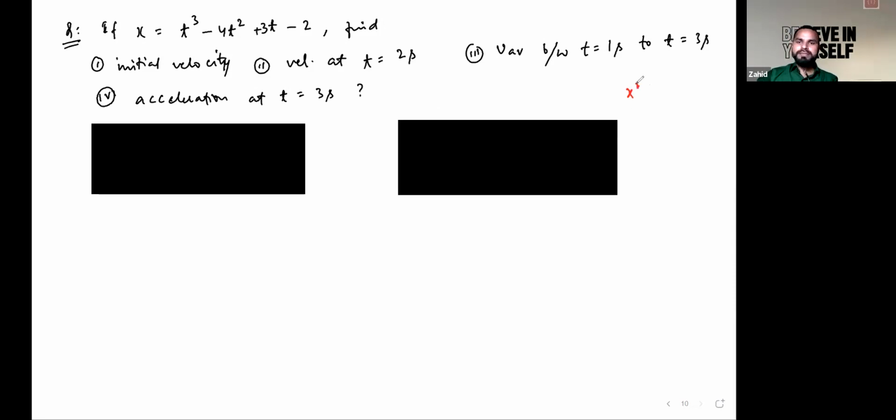If you have x raised to n, and you have to differentiate it, it will be n times x to the power n minus 1. Just use this concept. Since we have x, which is displacement, just differentiate it. You will get velocity.